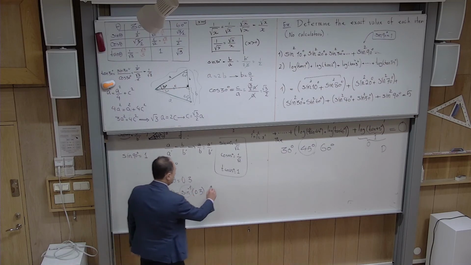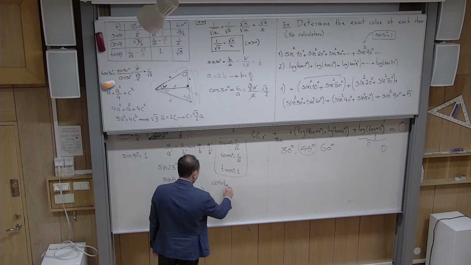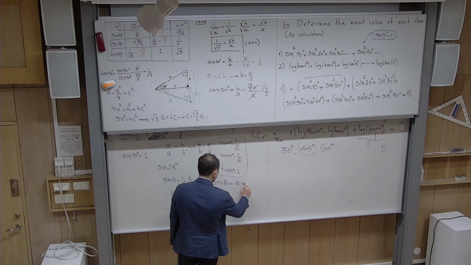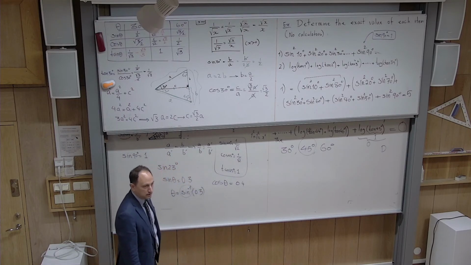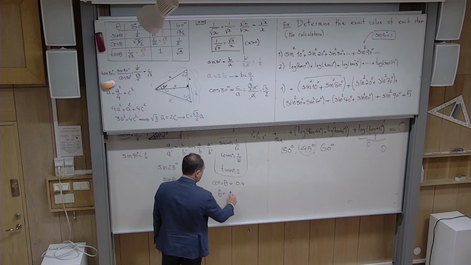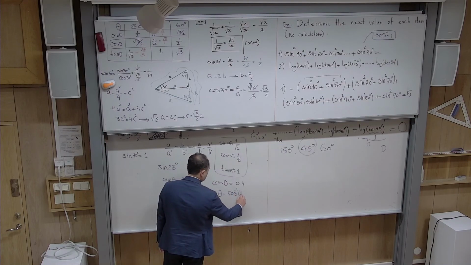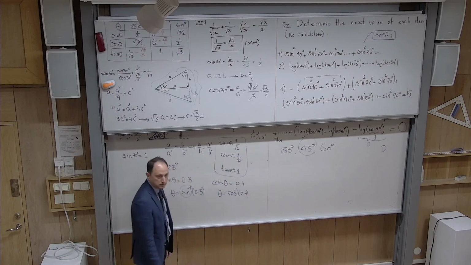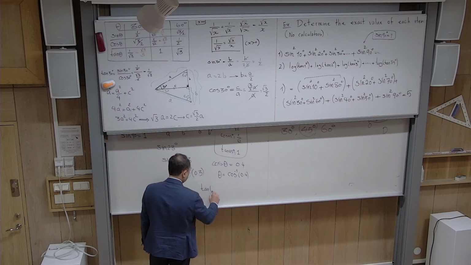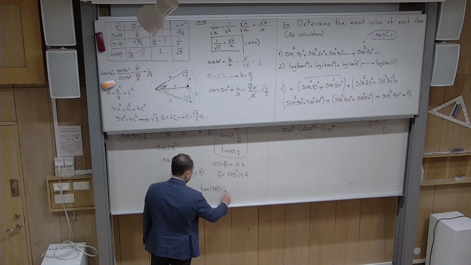If I give you that the cosine of theta is equal to, for example, 0.4, and I ask you to find theta, you have another button on your calculator, so you write cosine inverse of 0.4. And let me ask you this: tangent of 3 theta is equal to 5.